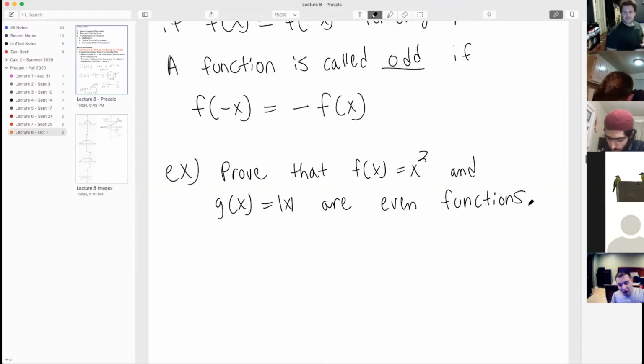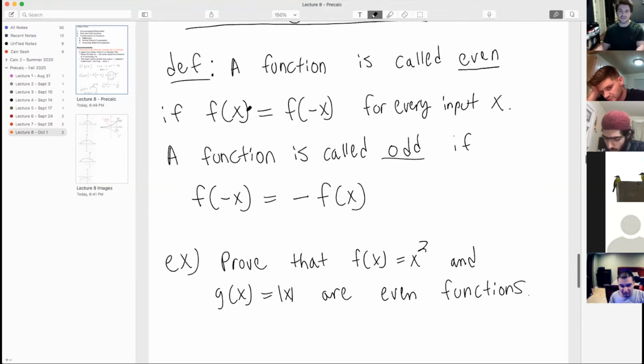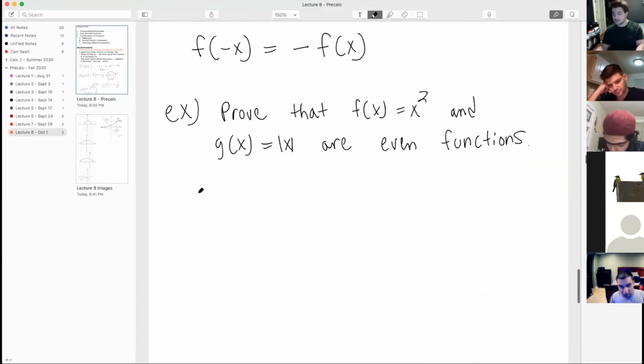You're given f of x is equal to x squared and g of x is the absolute value of x, and you are to prove that they're even functions. Okay, so all you need to do is just show that the definition of evenness is satisfied. You need to show that if you plug in x and negative x, you get the same output. All right, so let's do it.